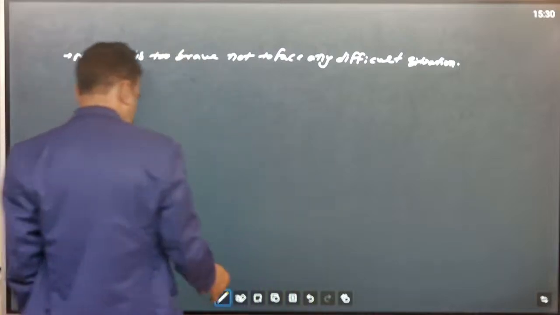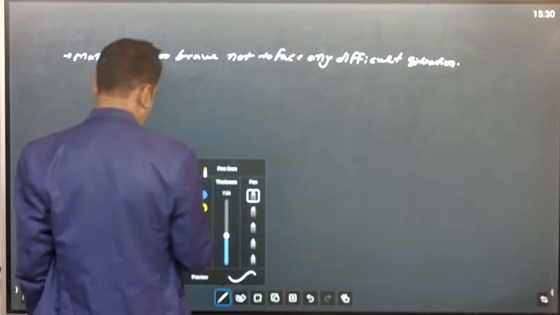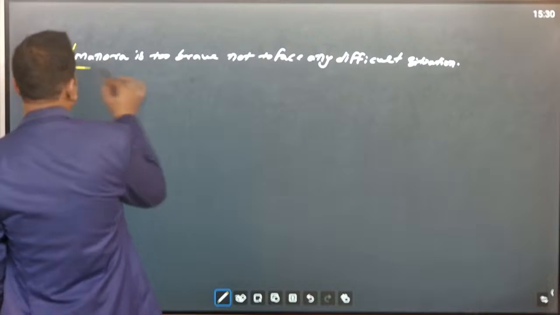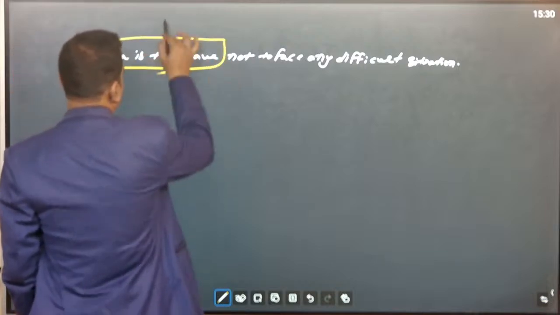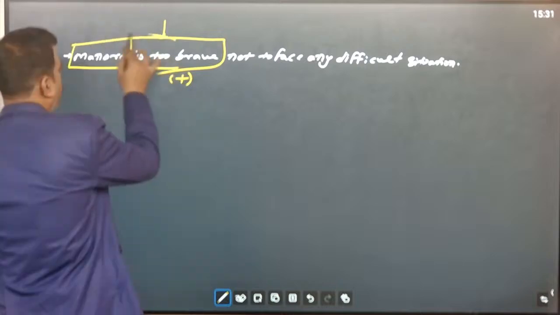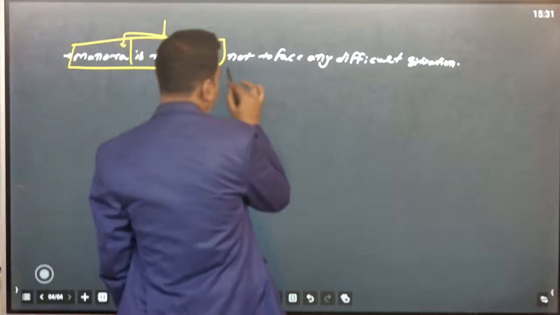So Manorama is too brave, here is the first clause, talking about the positive condition of not to face any difficult situation.